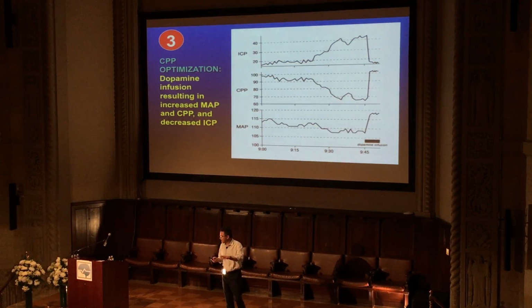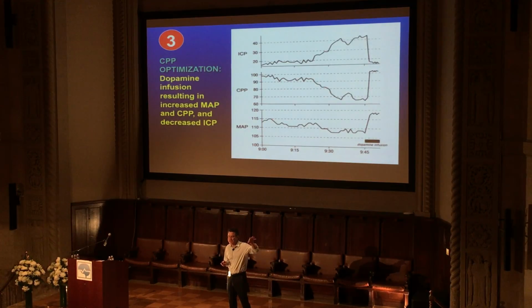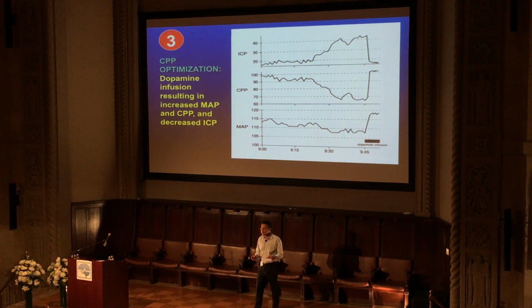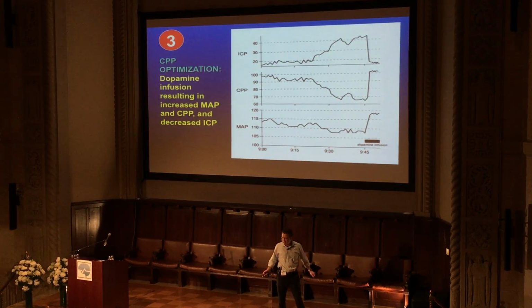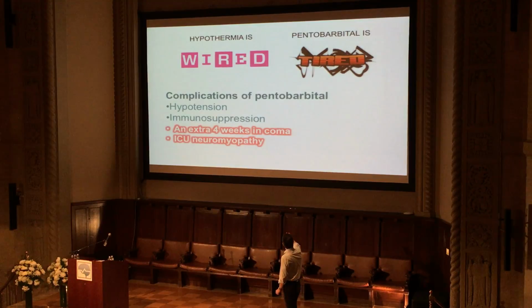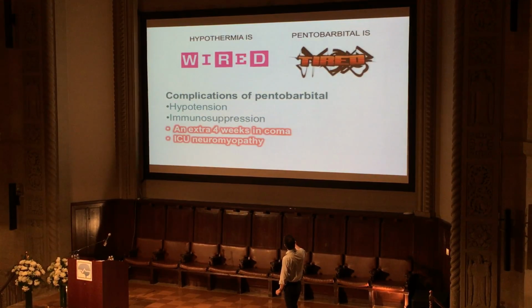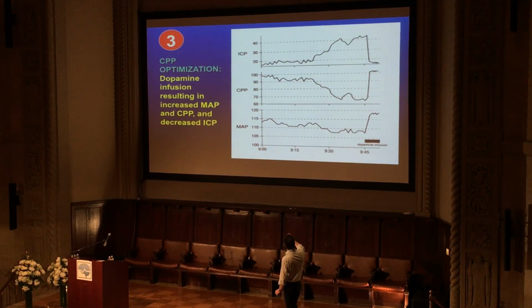This one, I just want to take a few extra seconds in case you haven't seen it. I talked about CPP optimization before, right? This is where the concept comes from. I call this slide, look ma, no mannitol. So here's a guy, his ICP's looking pretty good. It's low here, and you see CPP's high, like 90.